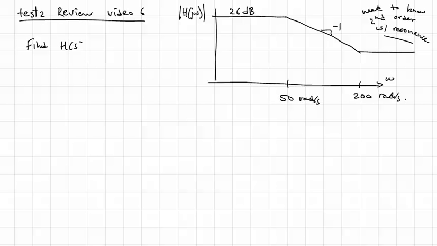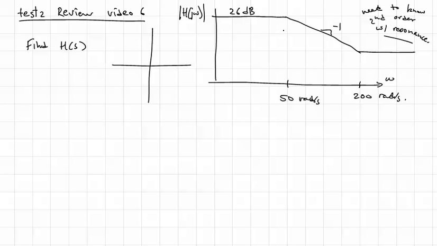Okay. And you're asked to find H(s). So the first thing that you would want to do is look at the pole zero plot and see if you can identify, are there poles in the system, are there zeros? In this case, there is a finite zero.